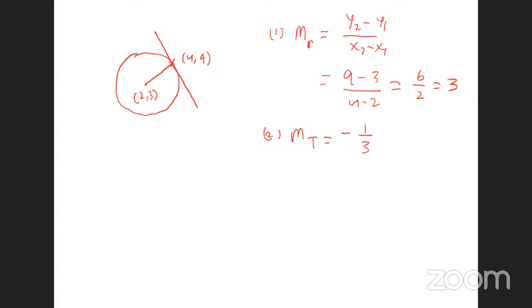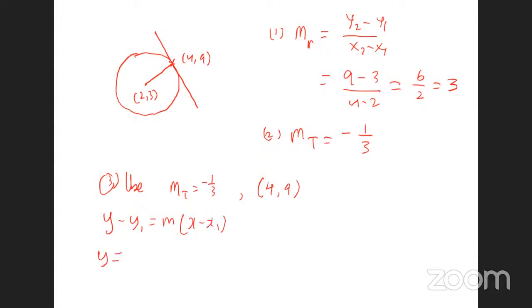Now, step 3, we are going to use the gradient of tangent, and we're going to use the point (4, 9) in the formula y minus y1 is m by x minus x1.